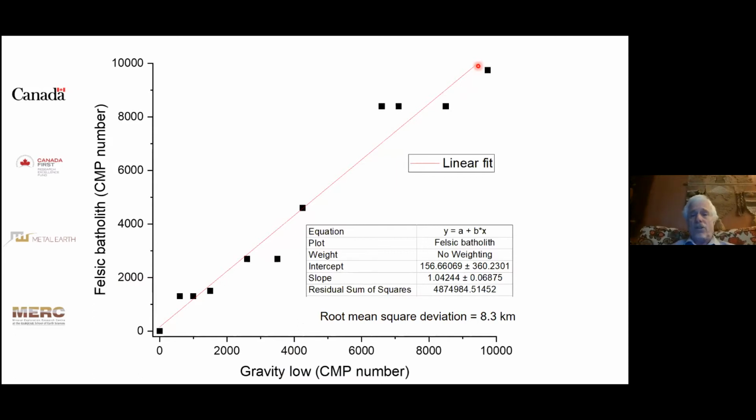That's because gravity lows don't cause felsic batholiths, but felsic batholiths are likely to cause gravity lows. So generally what I do is I look for a feature that might cause something and then look for the closest associated feature. You'll notice as well that I'm putting the root mean squared deviation. That's the deviation of those points from the straight line fit, so that's a measure of the misfit.